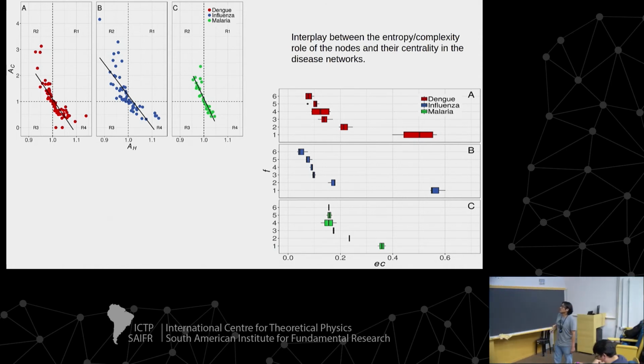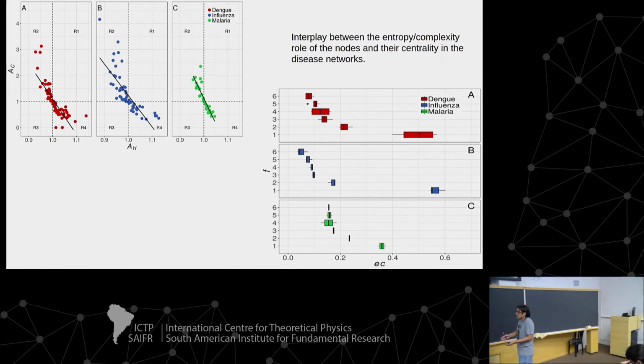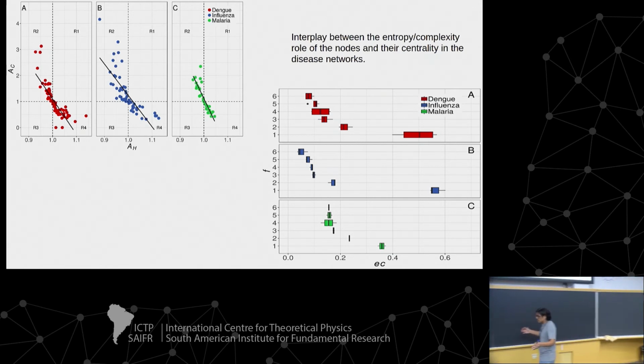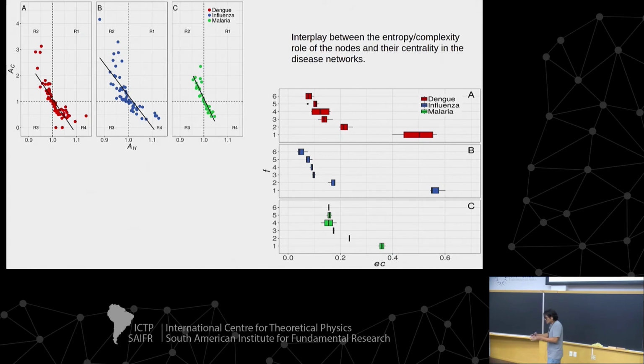The last thing that we did was to use this fluctuation that we introduced. So the fluctuations, in the end, reduce the number of different things that we are going to see in the time series.